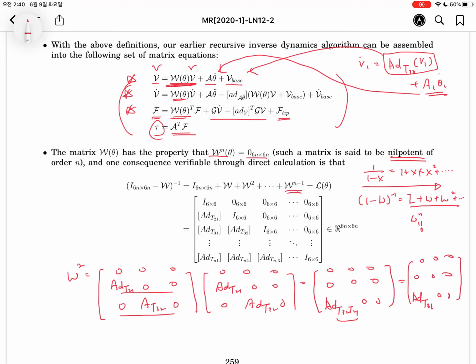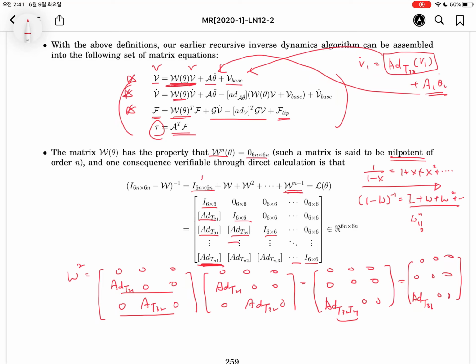So the last term will be W^(n-1). Okay? So by adding from the identity to W^(n-1), we'll have identity plus W. W has other terms 0, only these terms are given. W squared, maybe this part. W^(n-1) provides this term only.